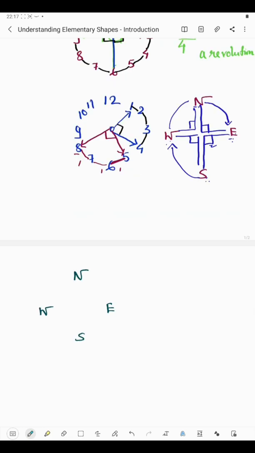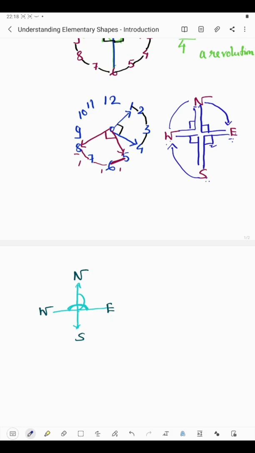Now suppose you are traveling from north to south. See here, a straight angle is formed. So it forms 180 degrees, that means a straight angle. Again, if you move from east to west or west to east, it forms 180 degrees, a straight angle.